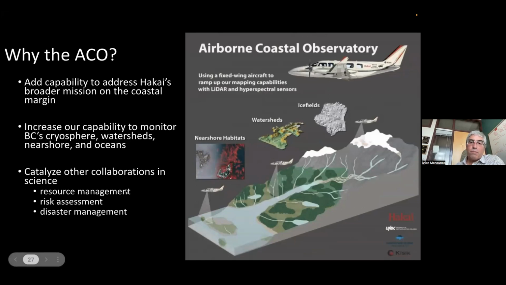We use this particular platform for geohazards, so times where we actually might get a landslide. We've been asked by many organizations to help do some mapping for them. So BC Parks is an example where we helped following a flood from a couple of years ago.